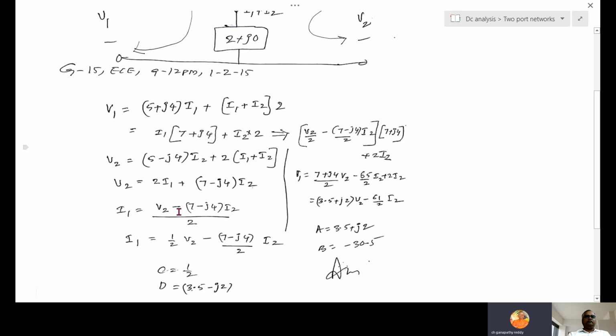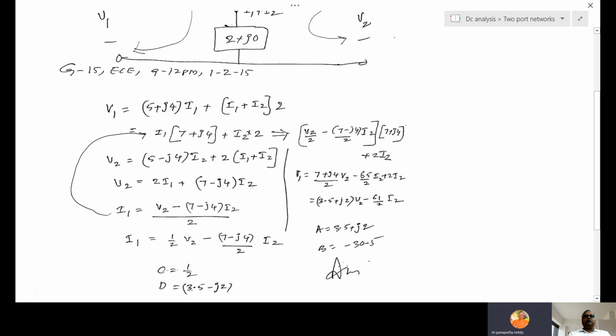Solve for I1. So this I1, substitute here. Here I1 is V2 by 2 minus (7 minus j4) by 2 into I2.